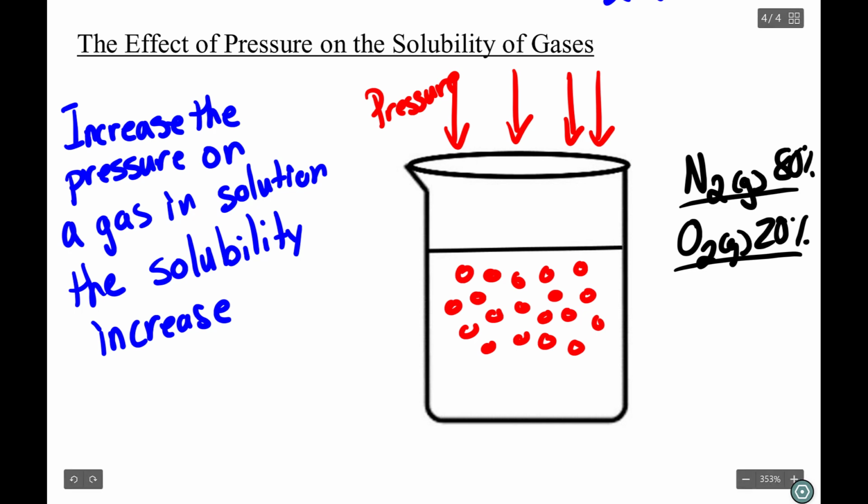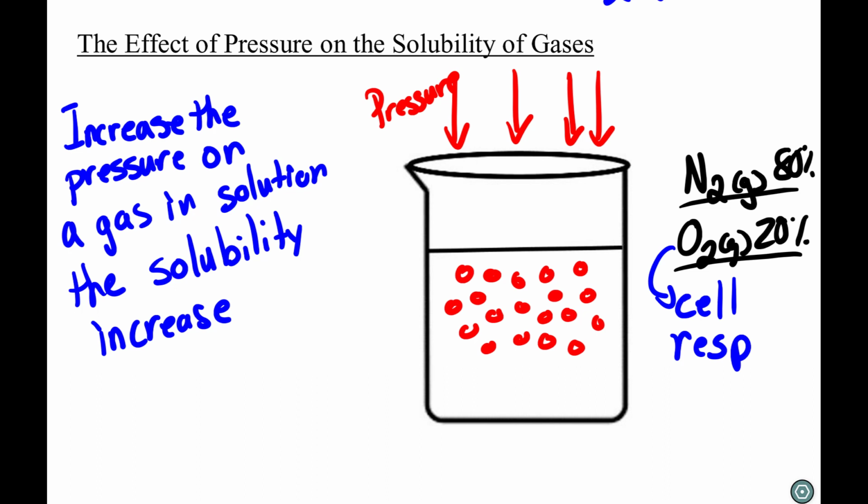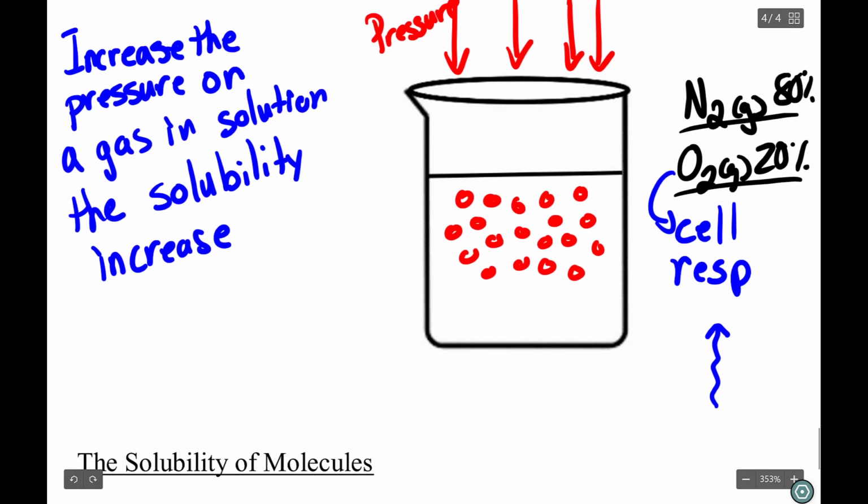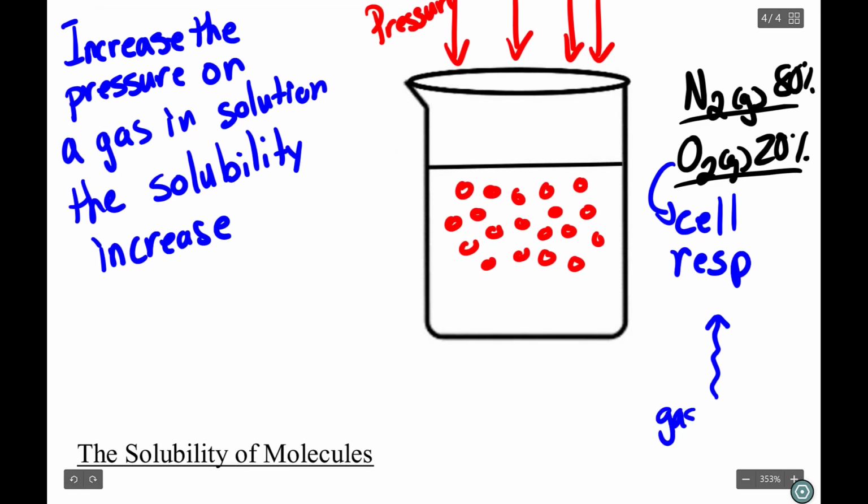Now, the oxygen, this is used for cellular respiration, which is good. So we have more energy supply because we need sugars and oxygen to do all of our normal functions. The nitrogen is just inert. It's just in there. Now, when you come out of a dive, so when you start coming up, what happens is the gases want to leave.